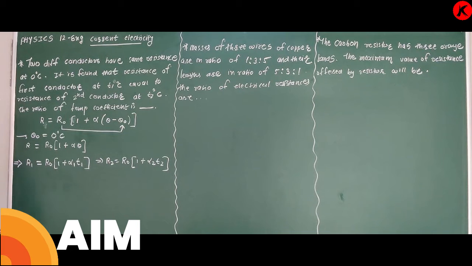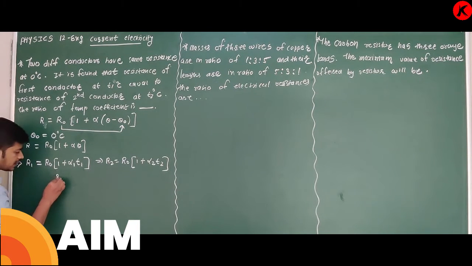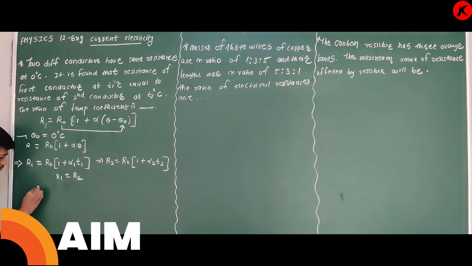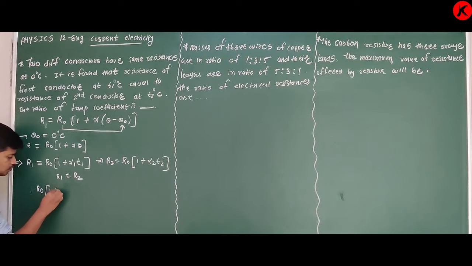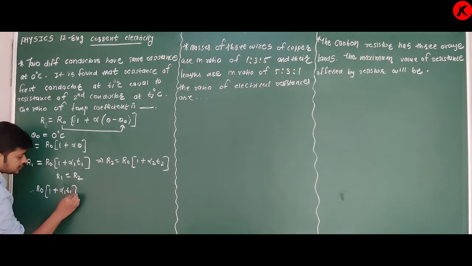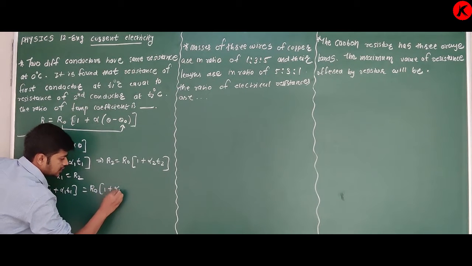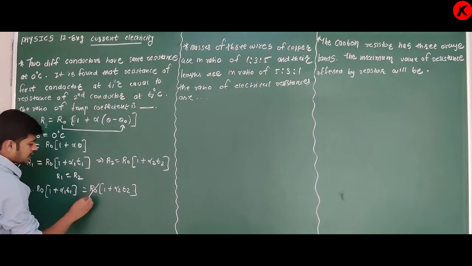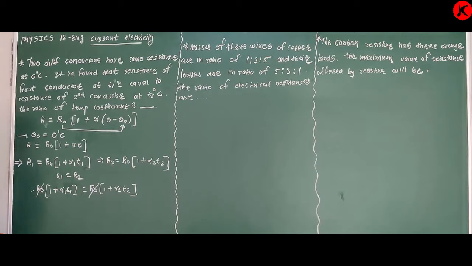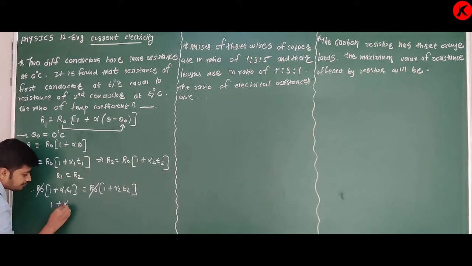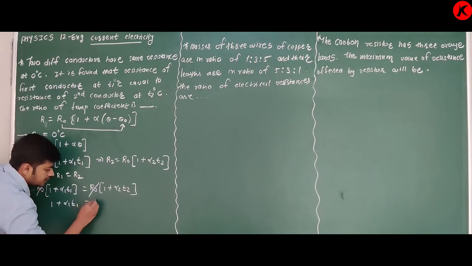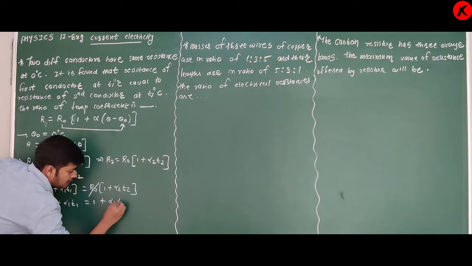Now if they are equal, you can compare the two equations. R1 is equal to R2. Therefore R0 (1 plus alpha 1 T1) is equal to R0 (1 plus alpha 2 T2). R0 cancels, so 1 plus alpha 1 T1 is equal to 1 plus alpha 2 T2.